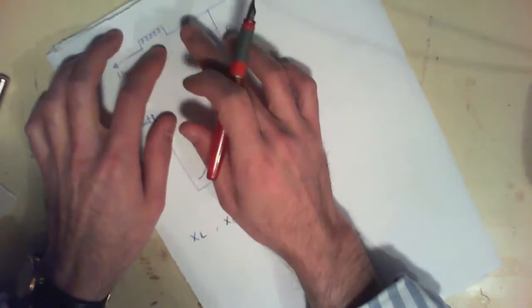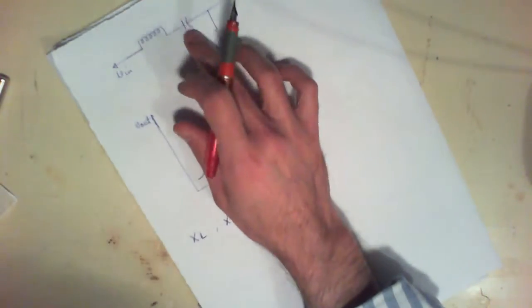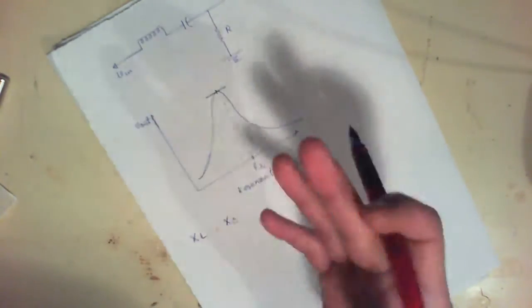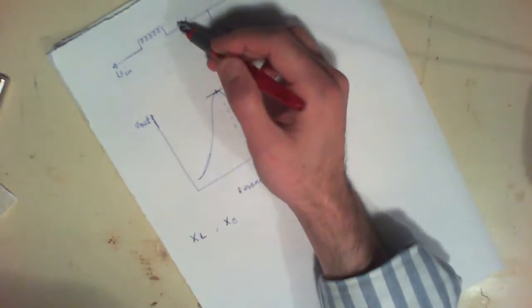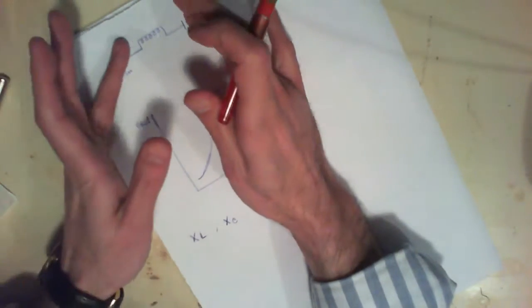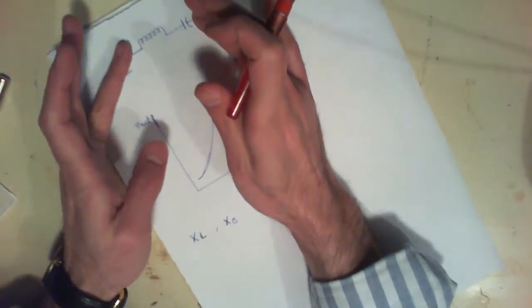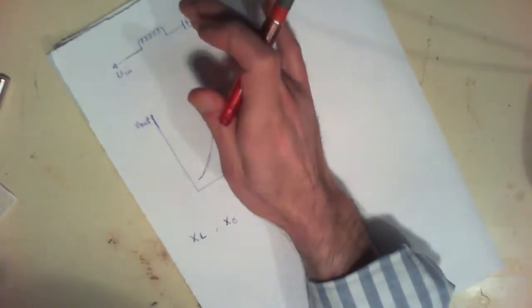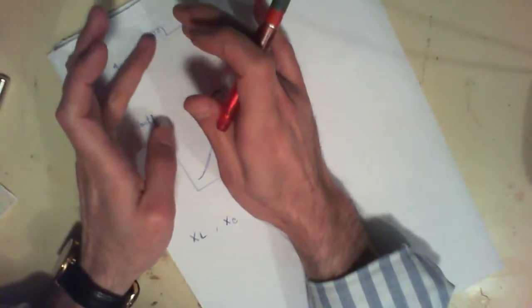Okay, now what happens is that at some point the reactance of the inductor and capacitor kind of cancel each other out. If that's the case, then you have basically no net reactance in the circuit, meaning that there is no voltage drop across these two components.